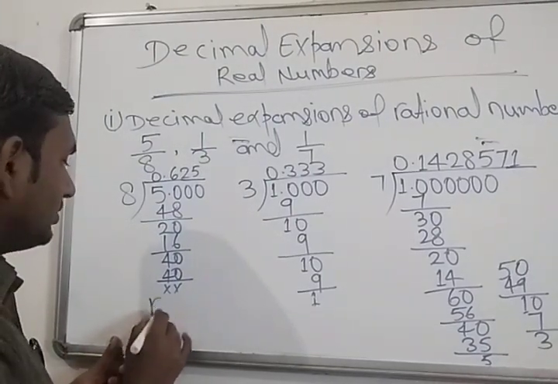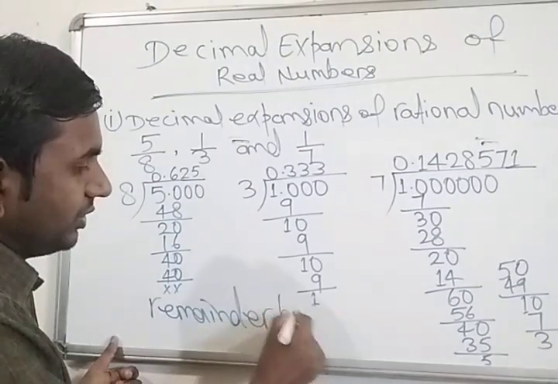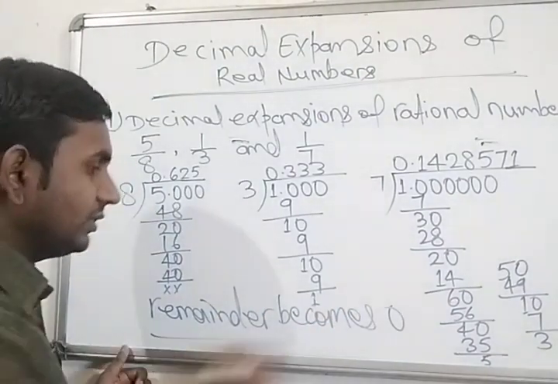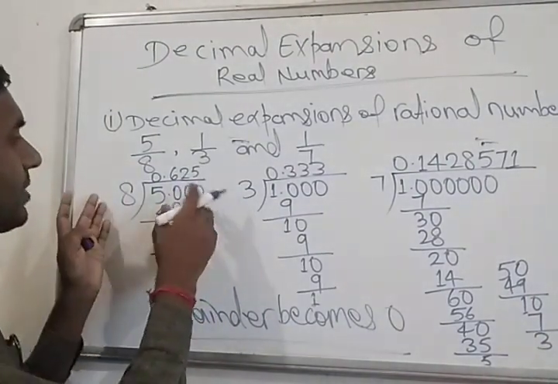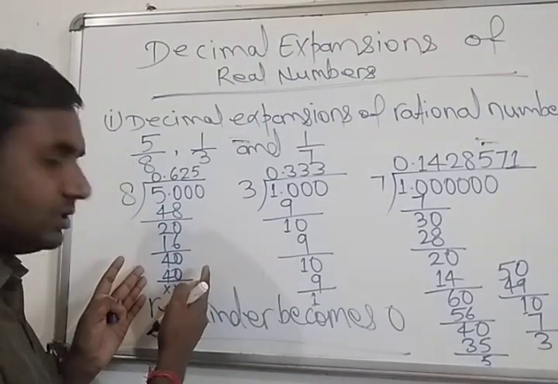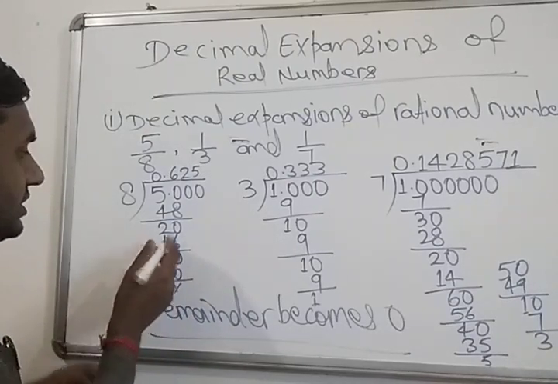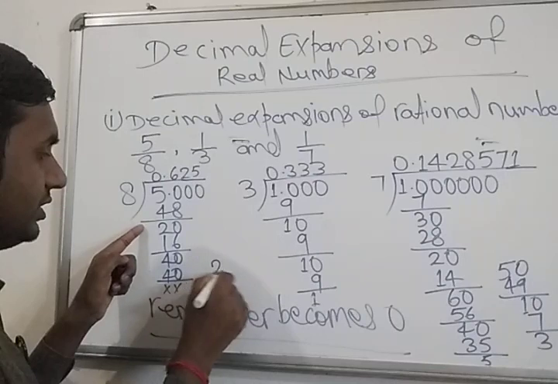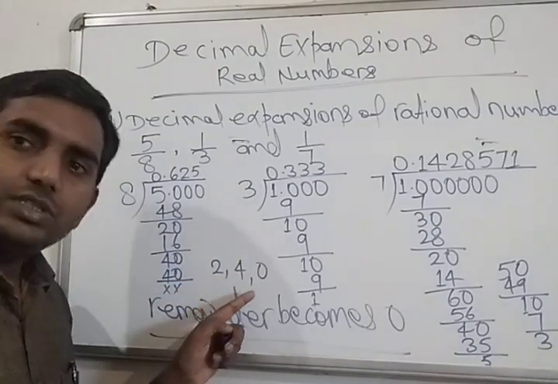After dividing in decimal terms, we find that in this whole case the remainder becomes 0. It means here in the first terms we find remainder 2, then remainder 4, and at last we have remainder 0.